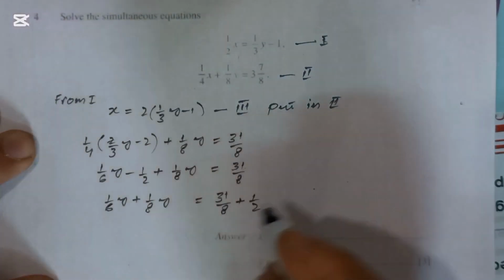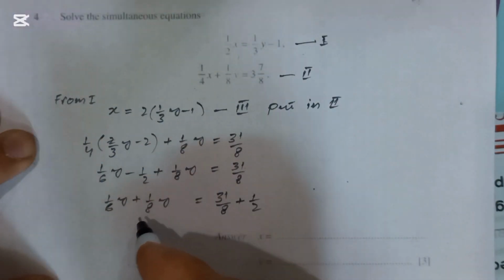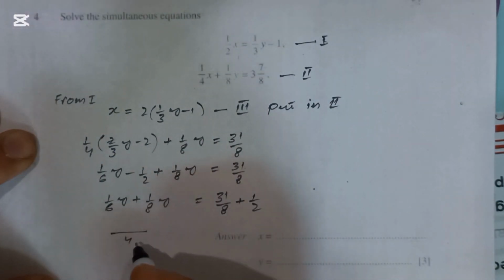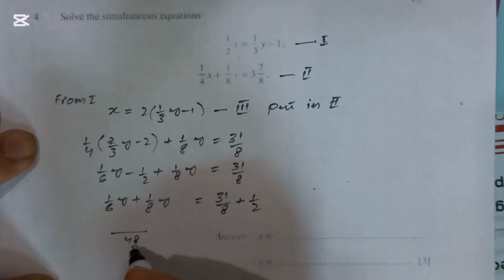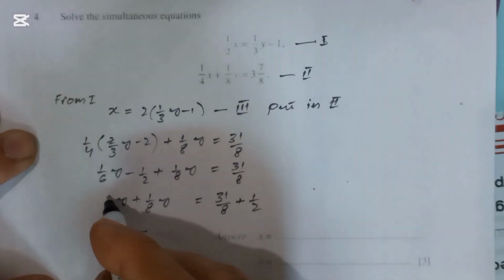Here take the LCM of 8 and 6. For example, 8 6s are 48. Now read the table of 6 up to which 48 comes. So 6 8s are 48. So 8 will be multiplied to the numerator.